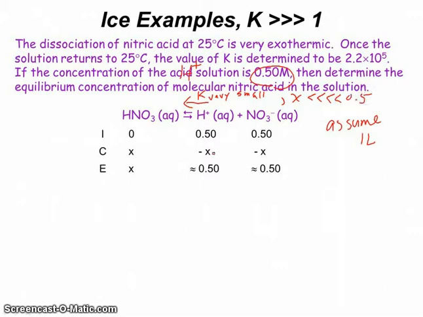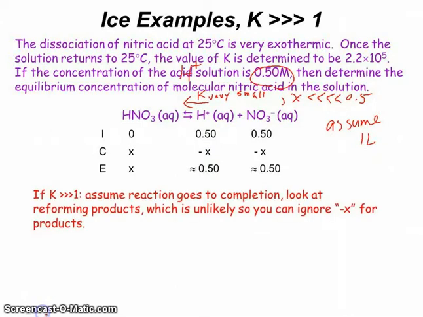And because I'm assuming that, then 0.5 minus X is still about 0.5. And so that would hold true for both NO3- and H+. Essentially, we're just restating what I told you. We're going to assume the reaction goes to completion, look at reforming products, which doesn't happen very much, and so we can ignore X for our products.